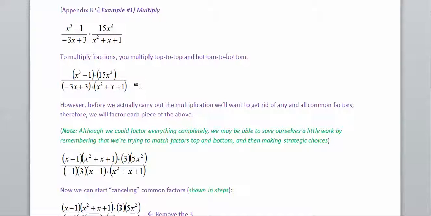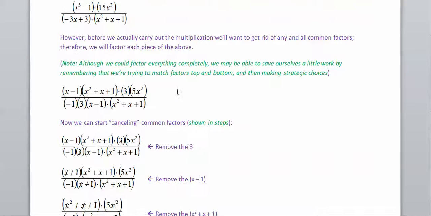But before we carry out any multiplication, because we're going to want to get rid of common factors, we're going to factor the various pieces here if they do factor. Taking a look at each piece, that x cubed minus 1 is the difference of cubes.